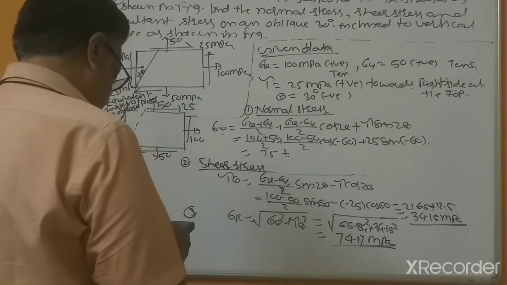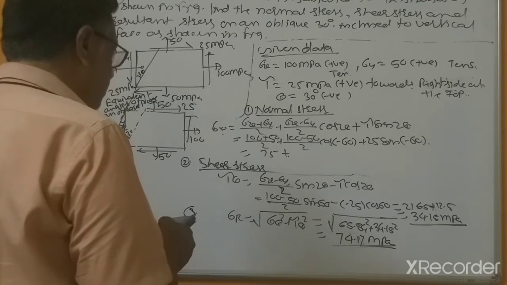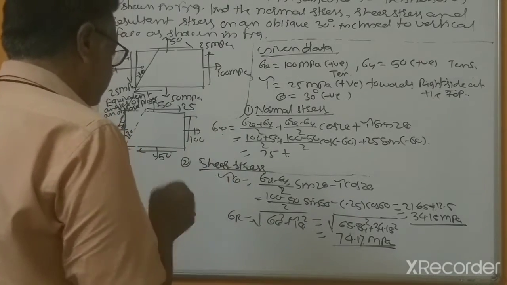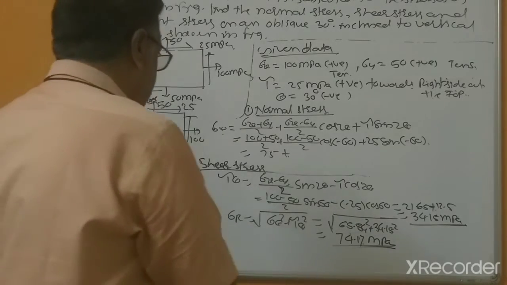So cos minus 60 is equal to 0.5, and that is multiplied by 12.5.